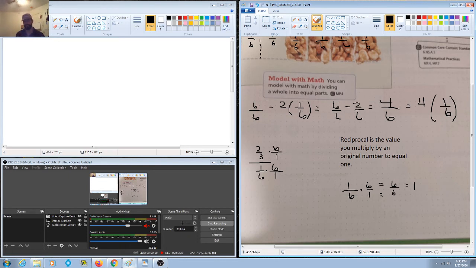So I'm going to multiply both the numerator and the denominator by the reciprocal of that divisor. Reiterating that, I'm going to multiply the numerator and the denominator by 6 over 1, because that is the reciprocal of 1 over 6.